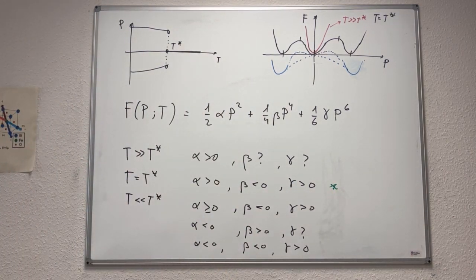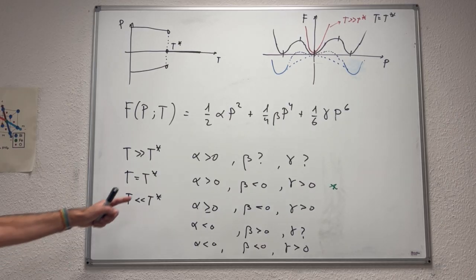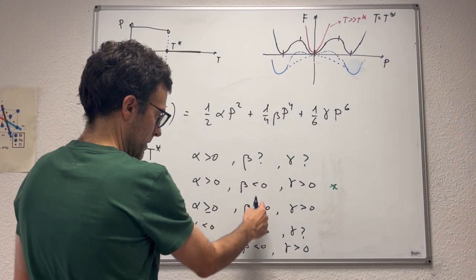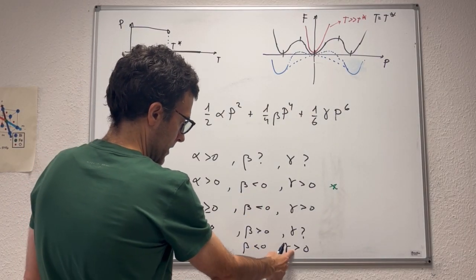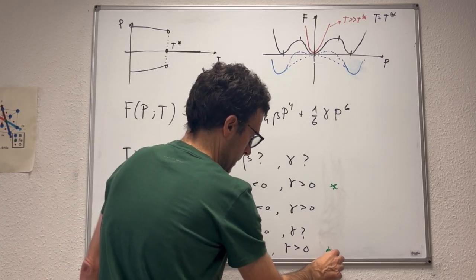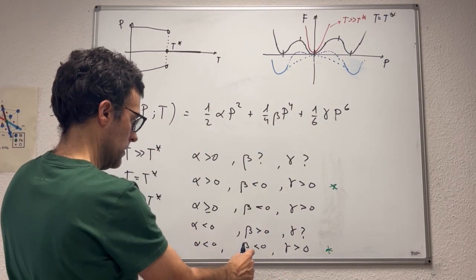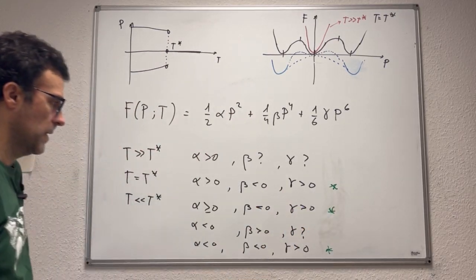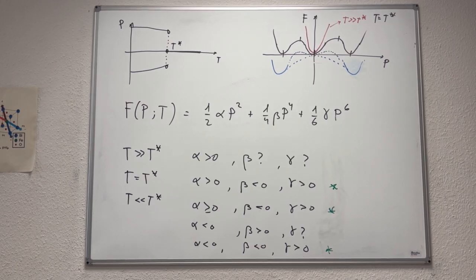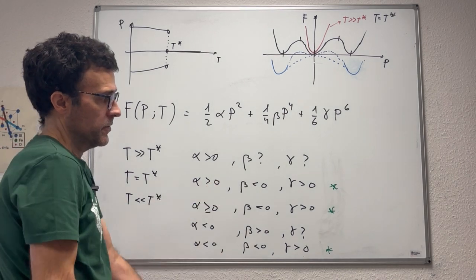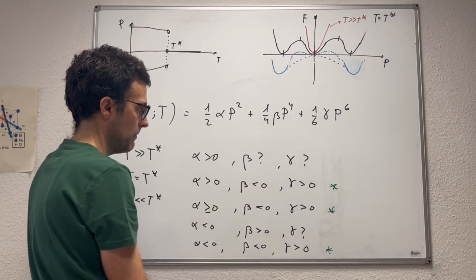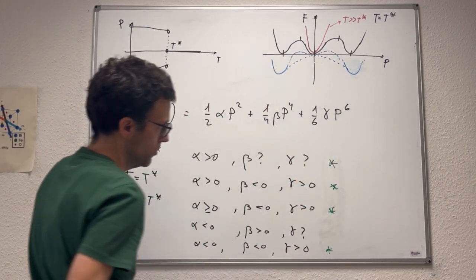If we want to keep as many parameters as possible temperature independent, then it's tempting to look at options like this, where beta is negative, as we need it at T star, and gamma is positive, as we need it at T star. Similarly, in this option, beta is negative and gamma is positive, as we need them to be for temperature equal to T star, so those two work pretty well. Also, at high temperatures, as long as beta and gamma don't bother us, every choice is fine, so all that would also be compatible here.